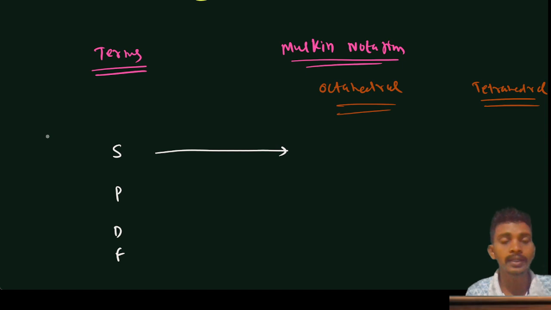That is mainly the ground state. So that is one Mulliken notation, A1g.